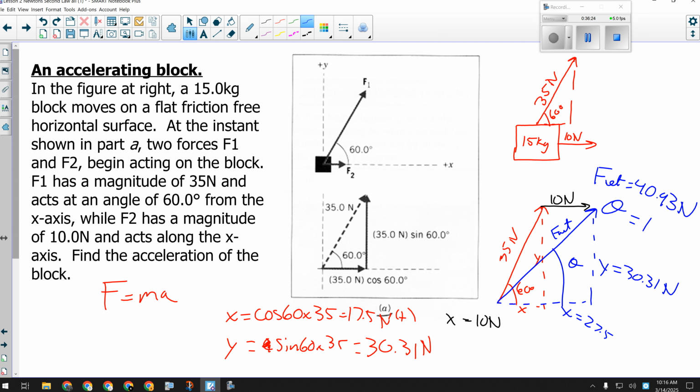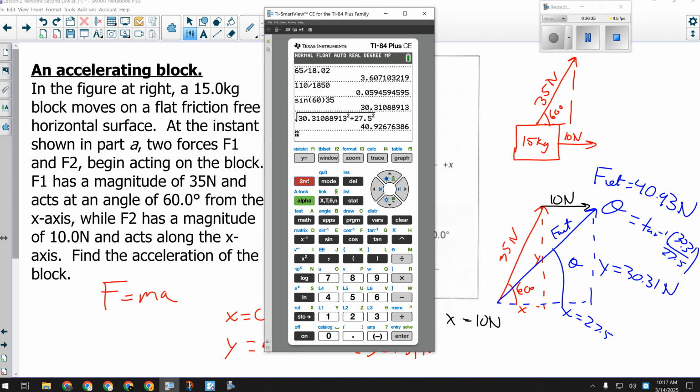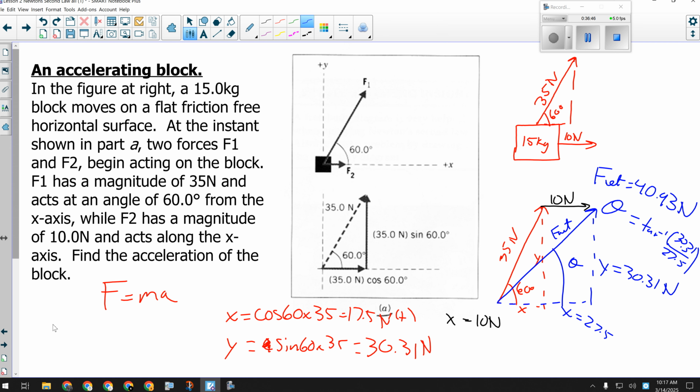It's going to be tan to the minus 1 of 30.31 over 27.5, the way I have it drawn anyway. Okay, so the angle is going to be 47.78 degrees above the x-axis. That's all I have in this question, above the x-axis. All right, I've got my net force.